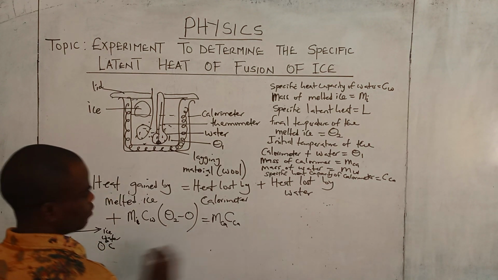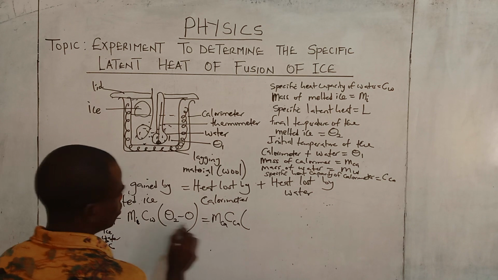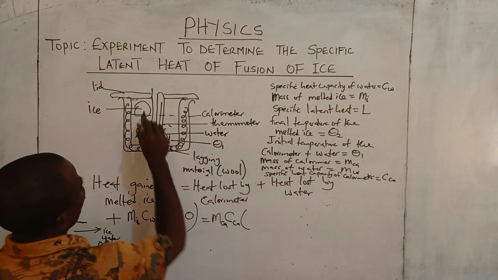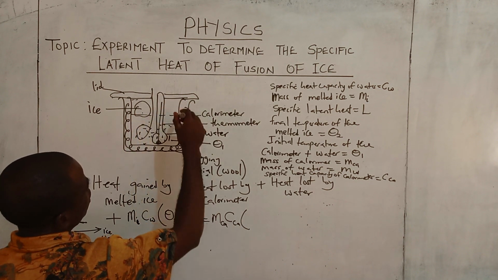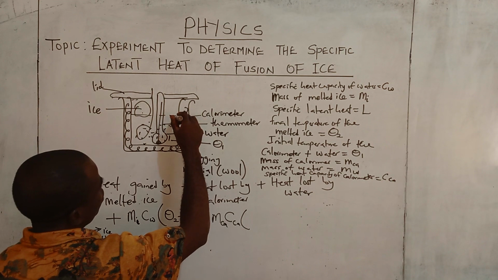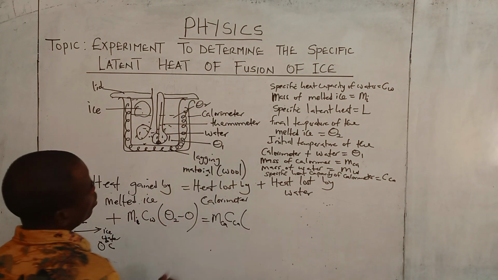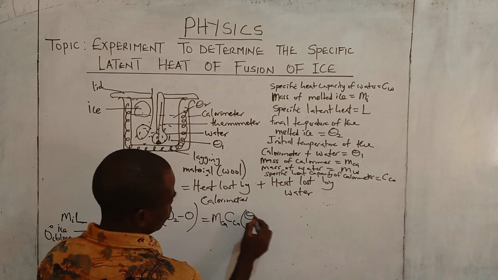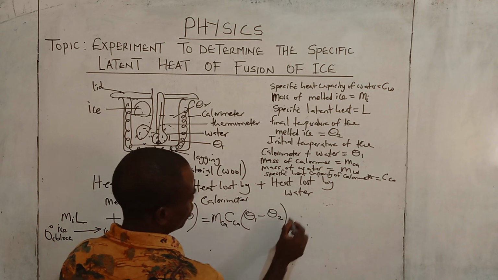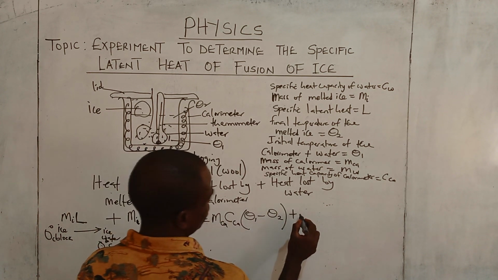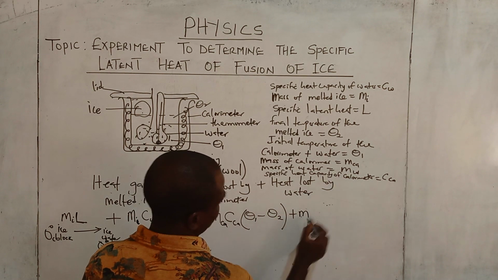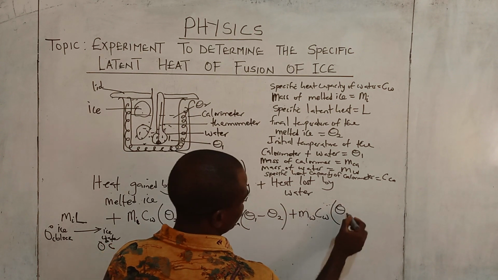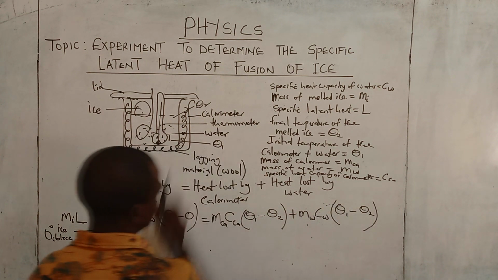Now in that case, you have temperature change. Theta1 is greater than theta2, because later when you drop the ice inside the water, the temperature of this will reduce to theta2. That means that theta1 is greater than theta2. Now we have Mca Cca theta1 minus theta2 plus mass of the water, specific heat capacity of the water, the same temperature, theta1 minus theta2. They are together, the same container.